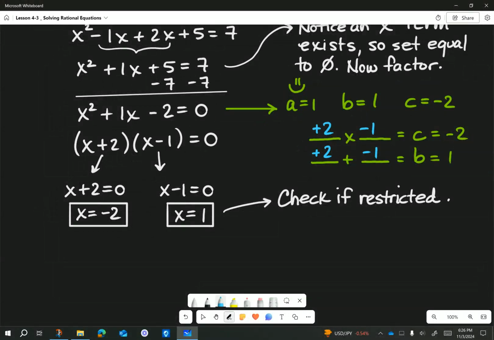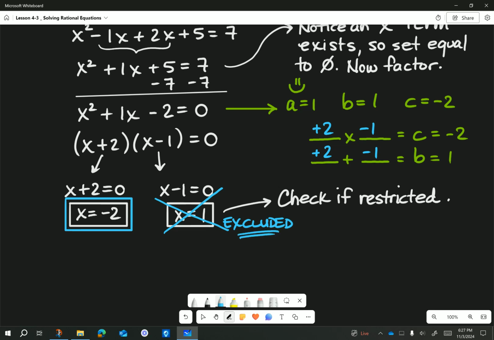So in this particular problem, you're going to have to remind yourself that, nope, I cannot put that as one of my answers. The only answer that I can put as a final answer is x equals -2. That one is allowed. The other one is an excluded value. This one's excluded, so do not put it in your answer.